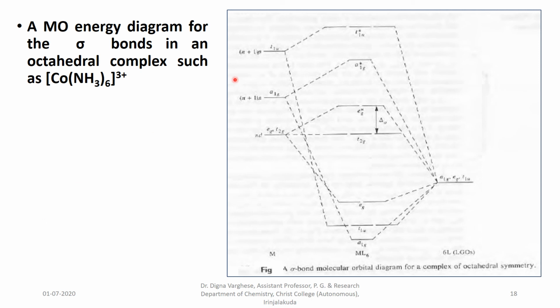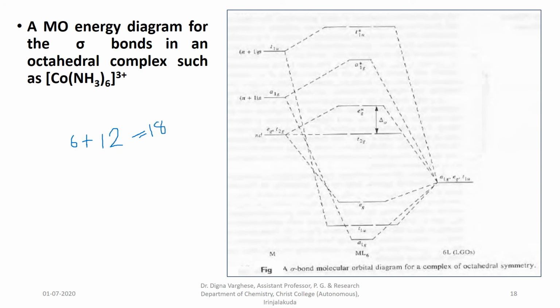Here is the molecular orbital energy diagram for the sigma bonds in an octahedral complex, for example the [Co(NH3)6]3+ ion. In this, the cobalt 3+ ion has 6 electrons, a d6 configuration, and from the ligands it gets 2 into 6, 12 electrons, therefore a total of 18 electrons.